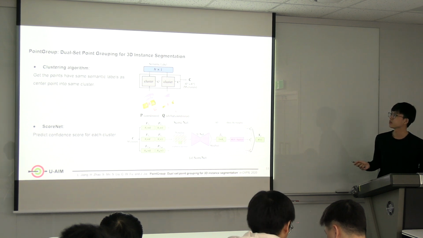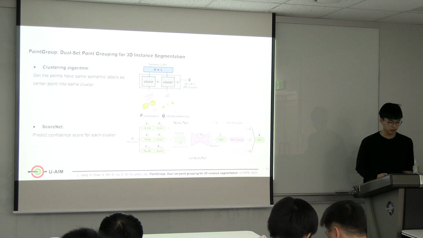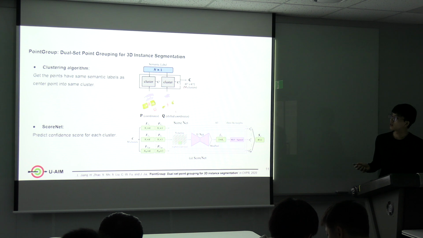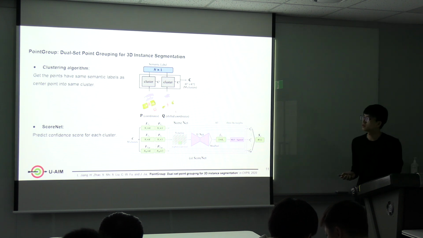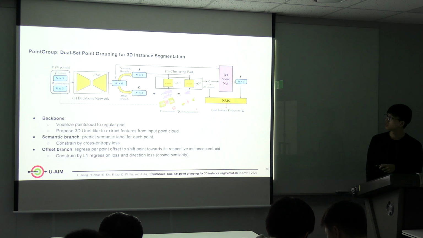The resulting clusters, they take the union of both the original coordinate and shifted coordinate. And after getting the M clusters, they will put them into the ScoreNet.